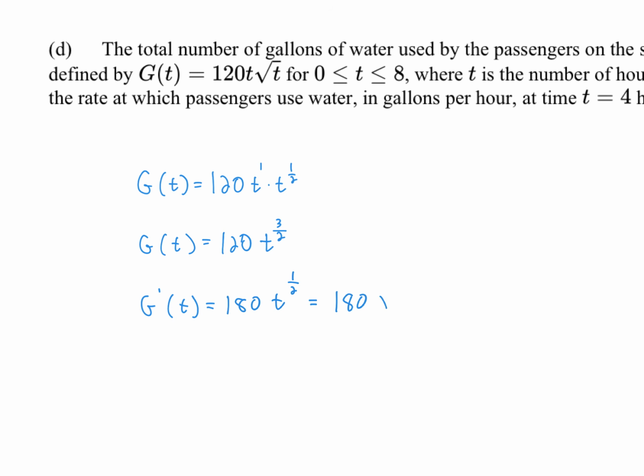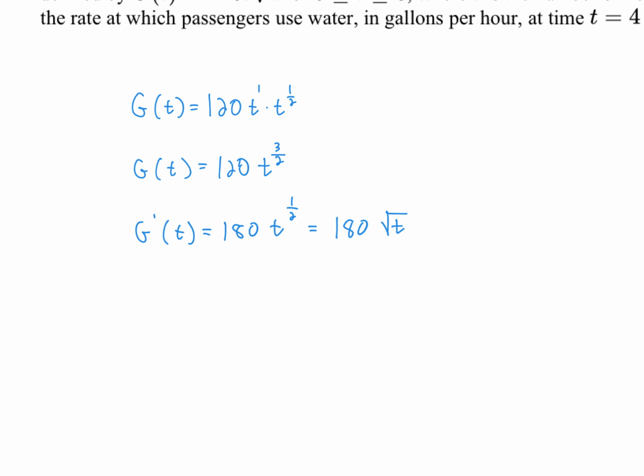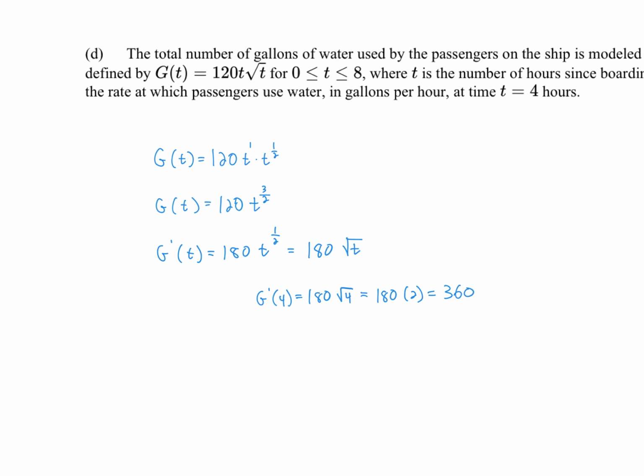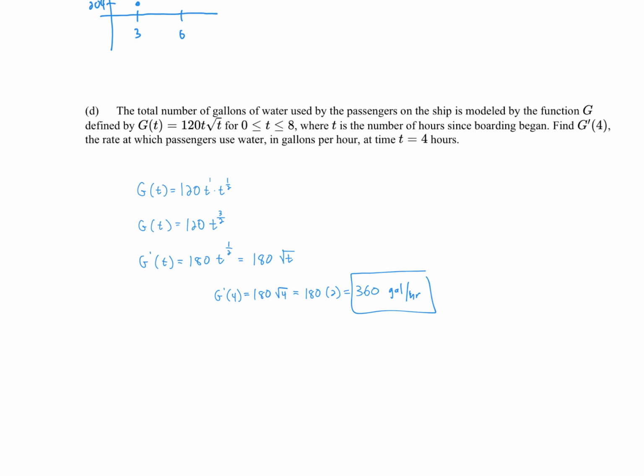So t to the 1/2 is the square root of t. All right, and then we want to know g prime at 4. Just plug in 4. The square root of 4 is 2. So that's 360, and this is gallons per hour.